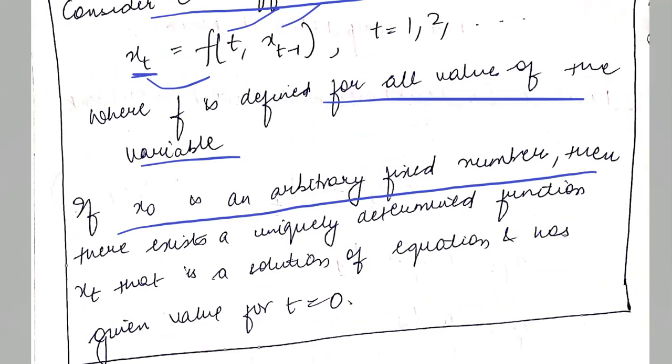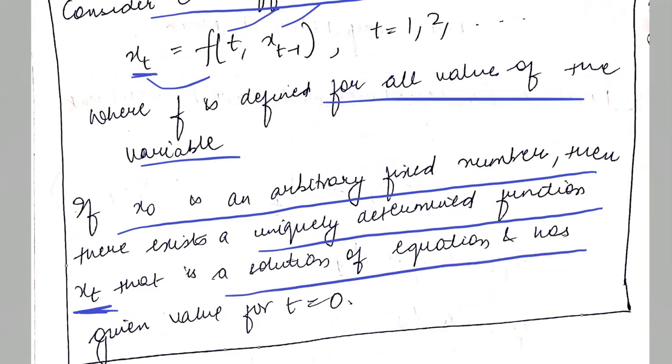If x naught is an arbitrarily fixed number, then there exists a uniquely determined function xt that is a solution of the equation and has a given value for time period 0, because for time period 0 the value is x naught. So if I know x naught, then correspondingly I can find the value of xt as well.